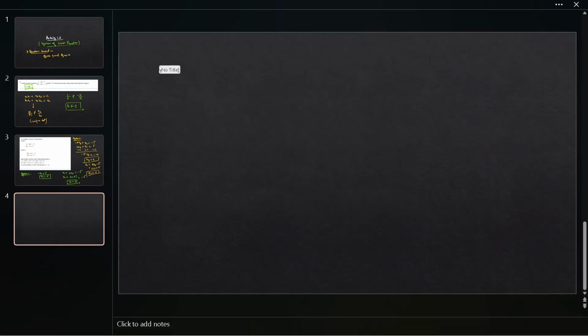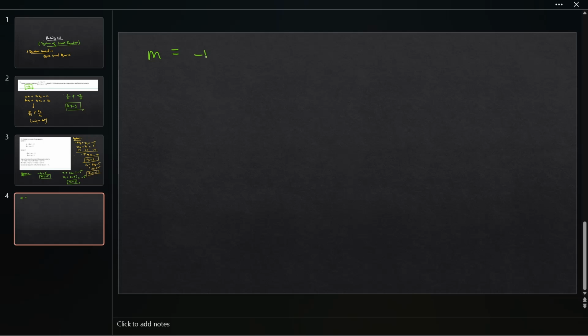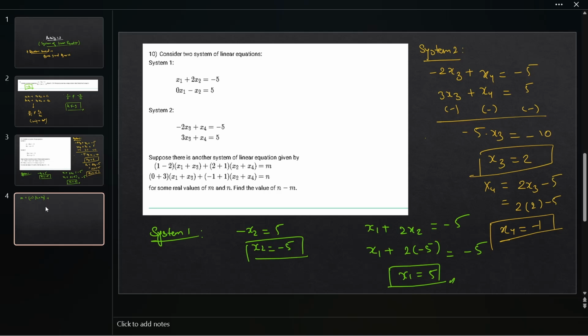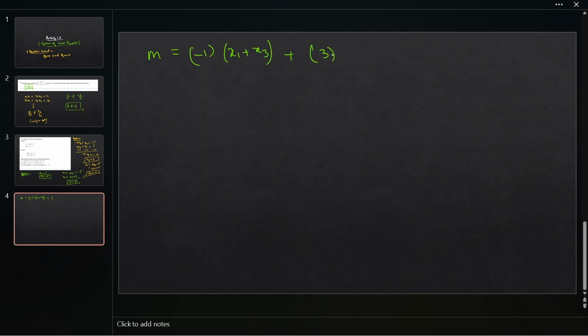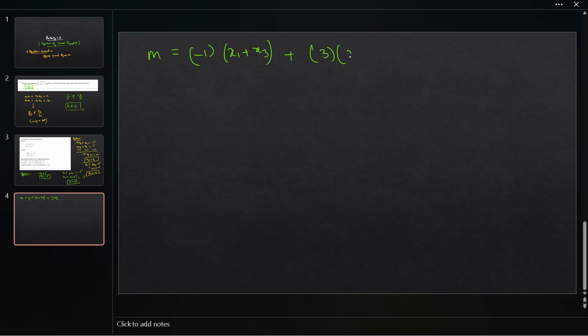So we know that the value of m is going to be 1 minus 2, that is minus 1 times x1 plus x3, plus 3 times x2 plus x4.